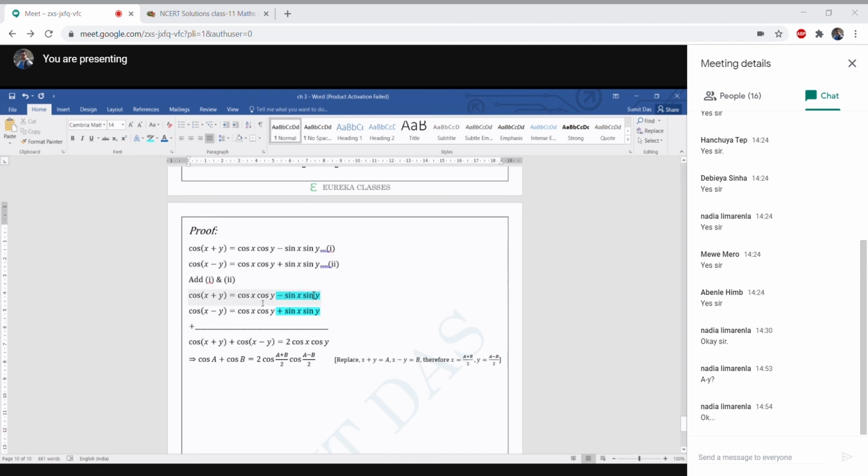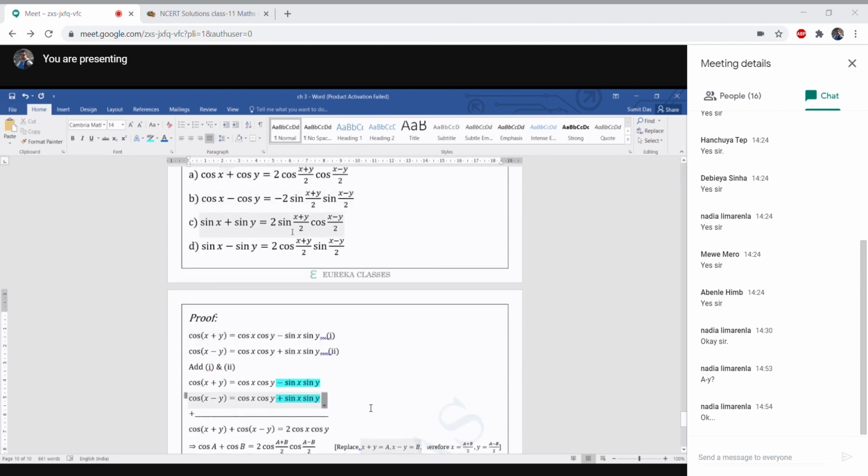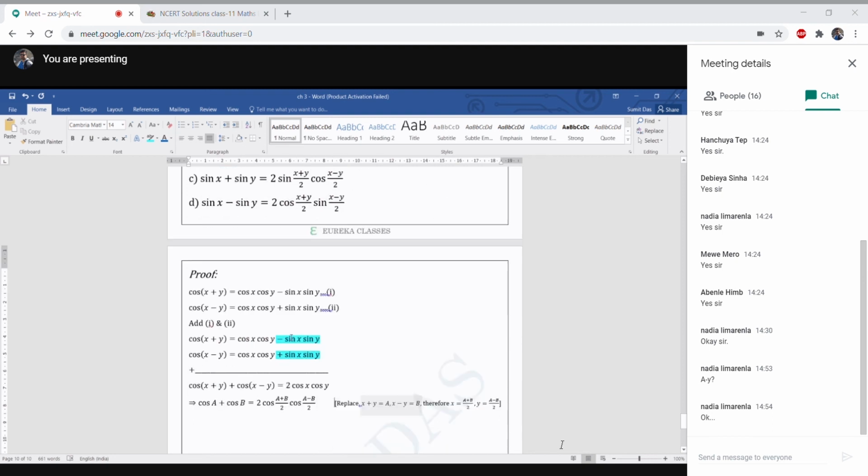Understood? So look, I only proved one, the other you can also do, cos x minus cos y. Here I'm adding, right? If you just subtract one from two, you will get the next formula. So if you want to, try by yourself. I'm not doing all, I'm just showing. The same goes for sine x plus sine y, you can solve it by yourself.